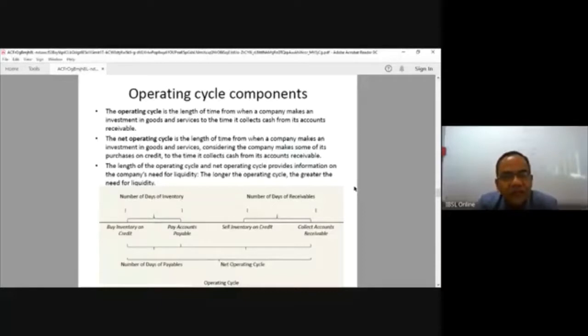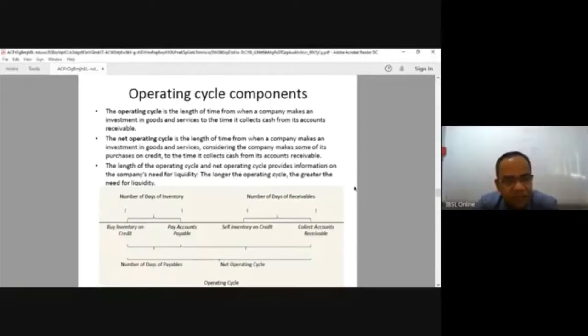Now, normally in many businesses, the businessman buys on credit. So the inventory comes to the stores and the GRN, goods received note, is signed, and the inventory has come.